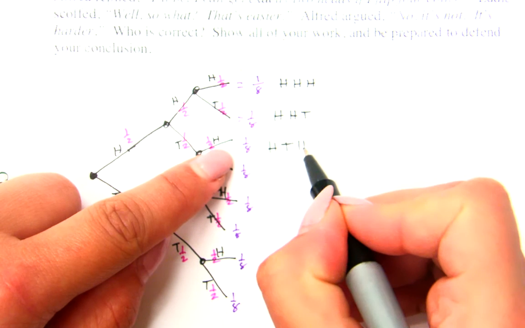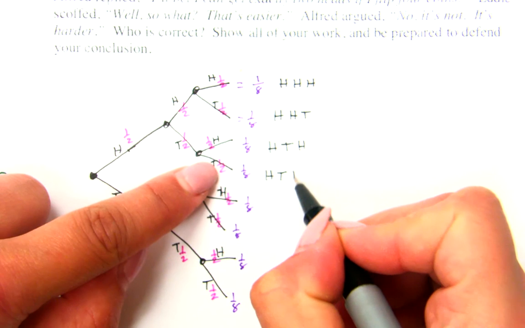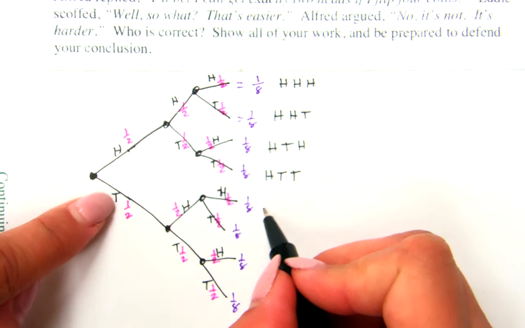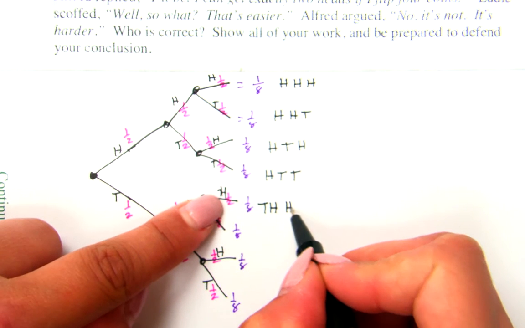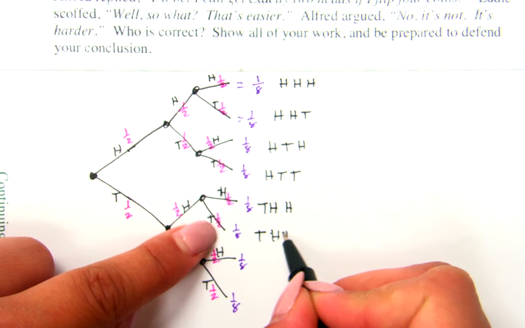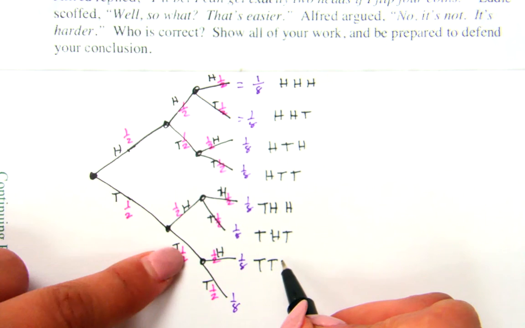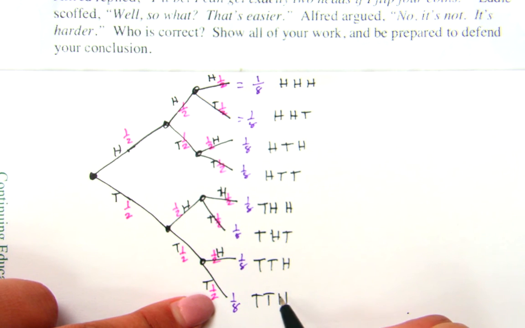Heads, tails, tails. Then we're down to, so we finished everything up here. We have tails, heads, tails, heads, tails, heads, and then tails.